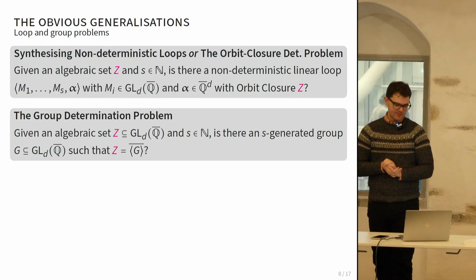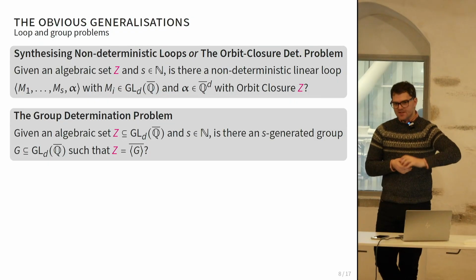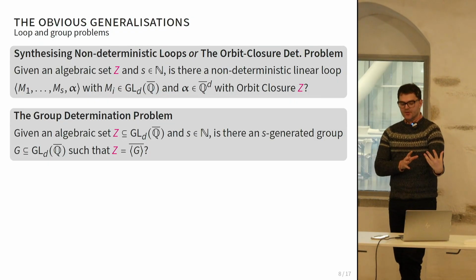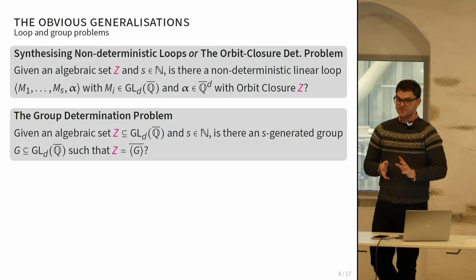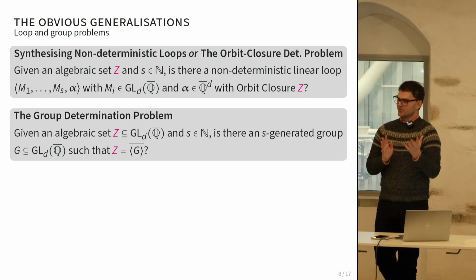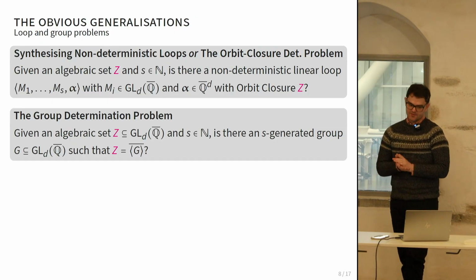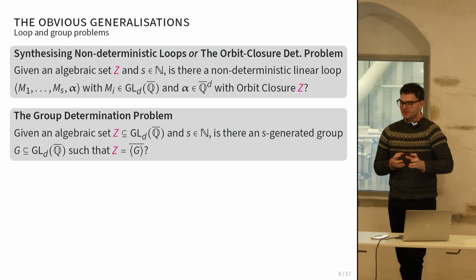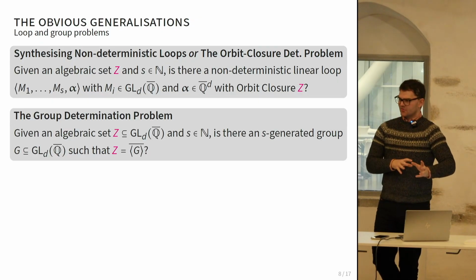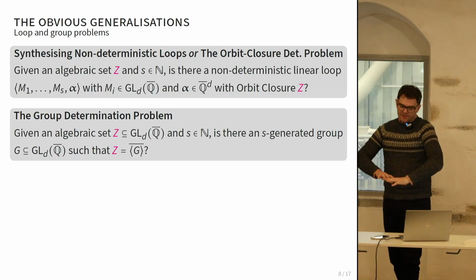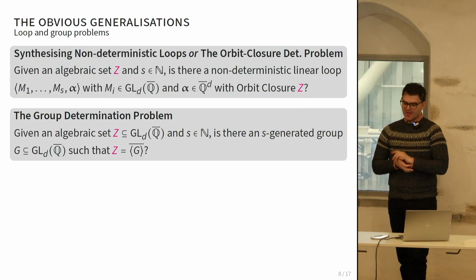And obviously, when I talked previously about the cyclic group determination problem, hopefully you are all aware of groups that are not cyclic, so there's good motivation for the general case of this problem too. Again, this notation might look scary to some of you, but this set Z just lives in some large dimensional space, d squared space.